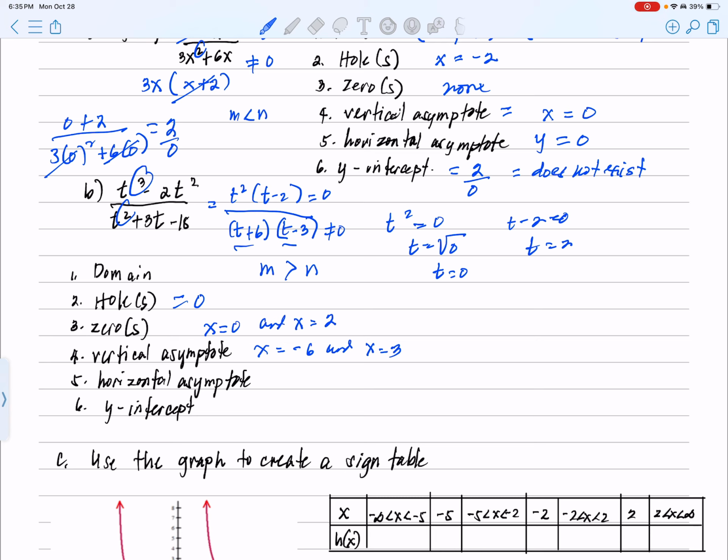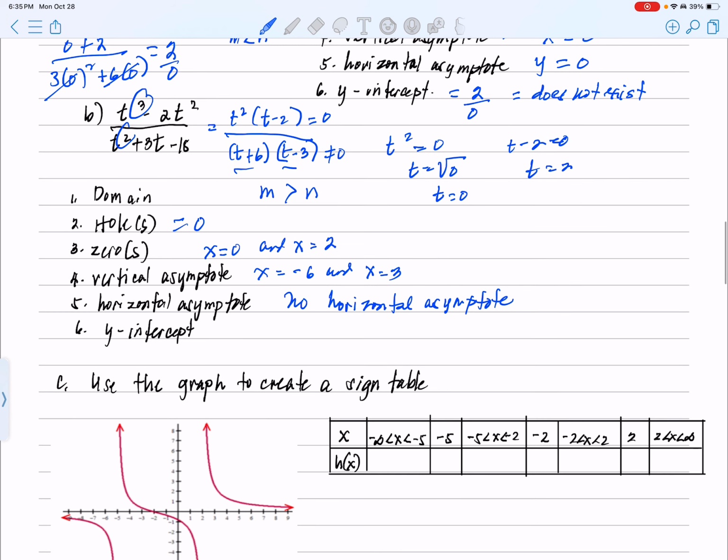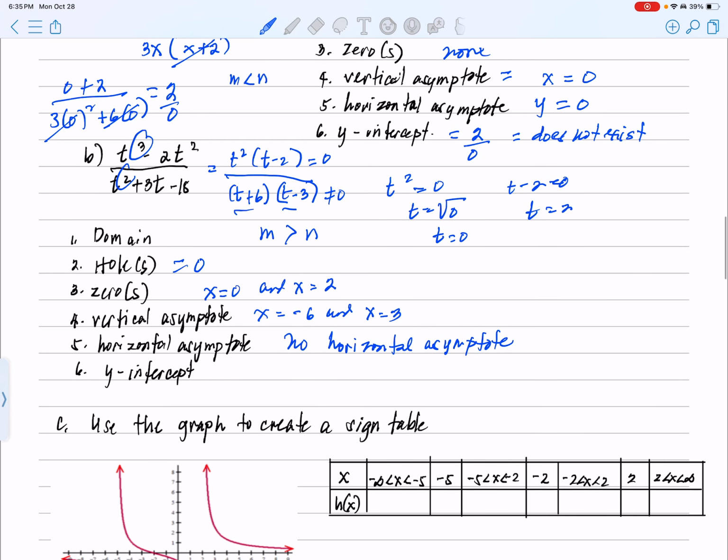That means you have no horizontal asymptote. Remember the case 1, case 2, case 3 that we have. Then the y-intercept.